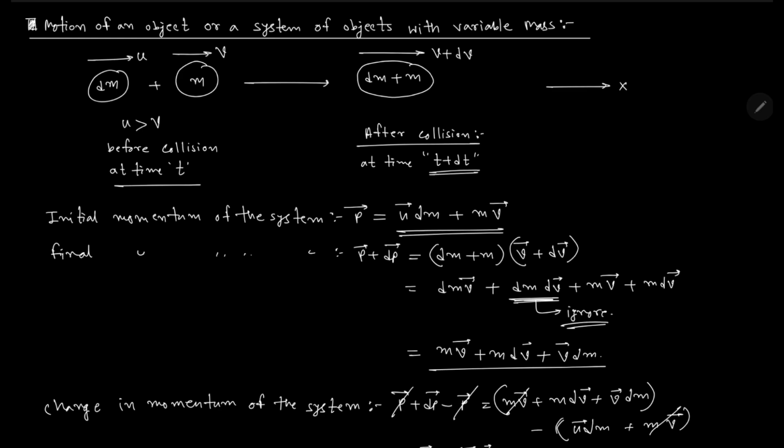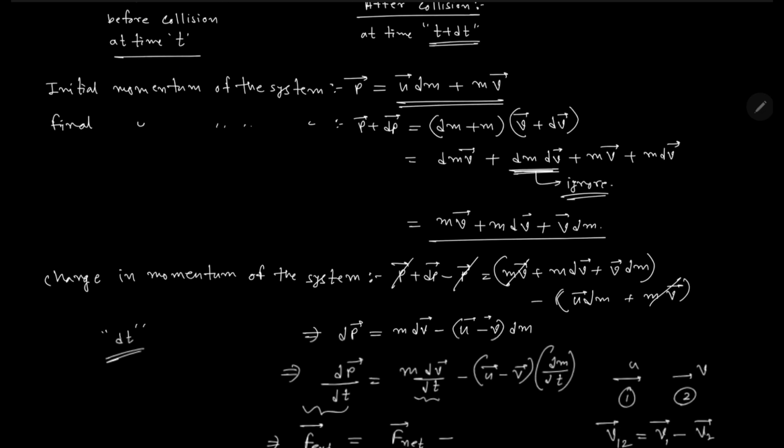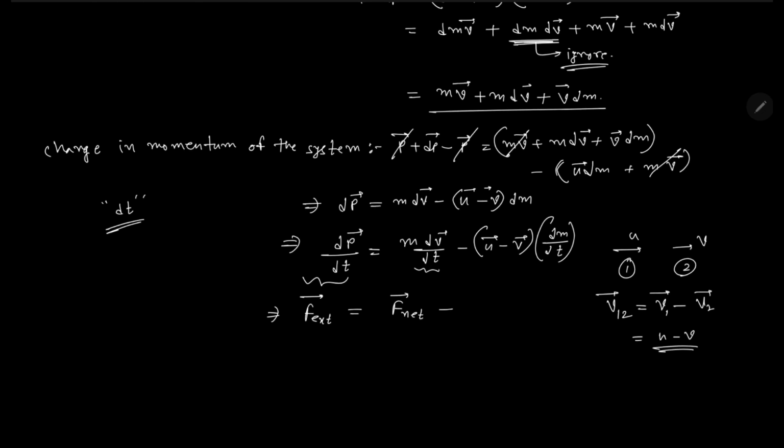So basically this u minus v is your relative velocity of mass dm with respect to this bigger mass m. So we can simply write here relative velocity times dm by dt, that is rate of change of mass.